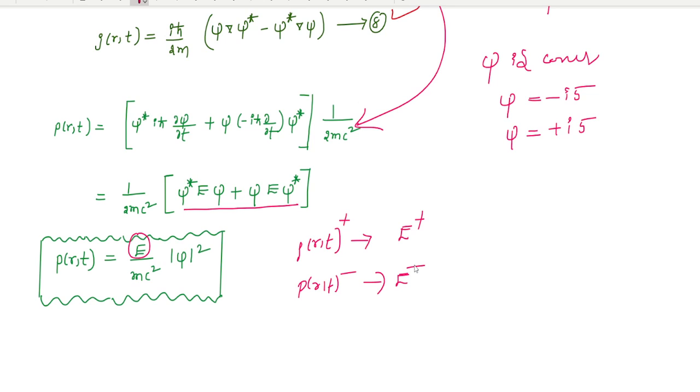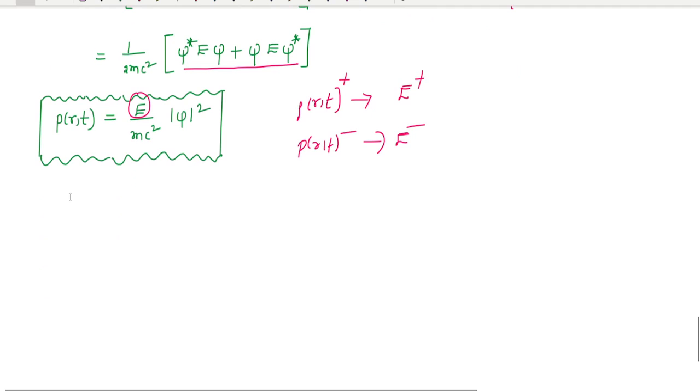So, due to this reason, the Klein-Gordon equation was discarded when first discovered. This dilemma was solved by Pauli and Weisskopf in 1934.